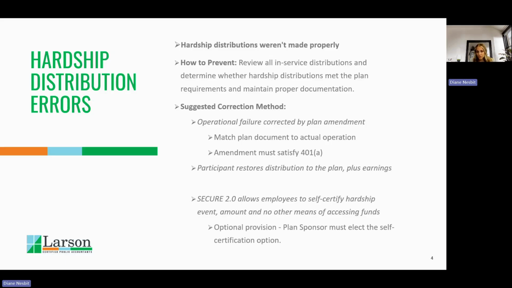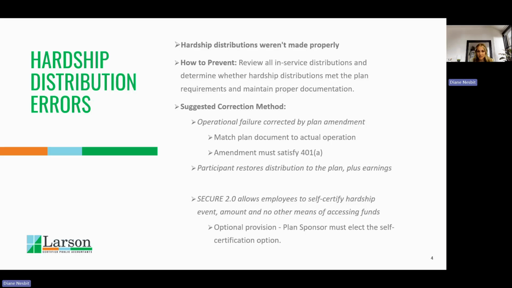This is an optional provision of Secure 2.0 if the plan sponsor elects the self-certification option. Then you need to make sure that there is documentation of the fact that the participant needs to either fill out a form and sign it, or some other paper trail needs to be kept of that self-certification option.